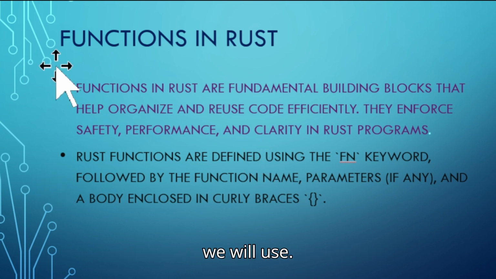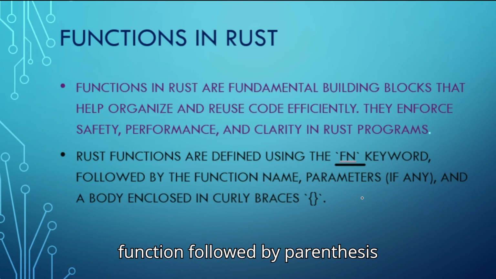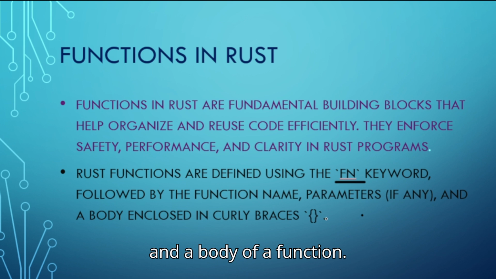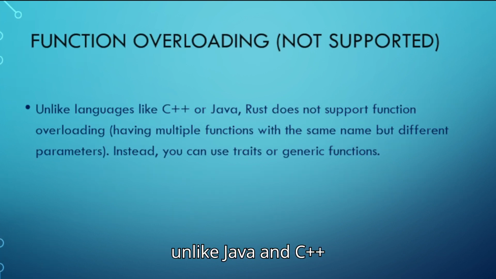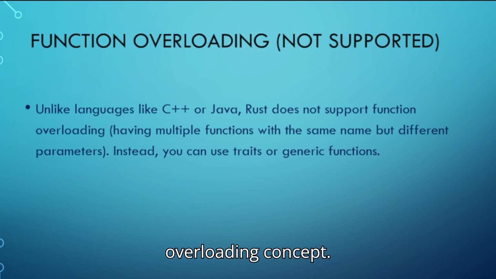We will use the keyword fn, followed by a function name, parentheses and a body of the function. Unlike Java and C++, here in Rust we don't have the function overloading concept.